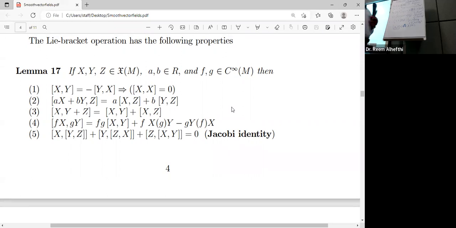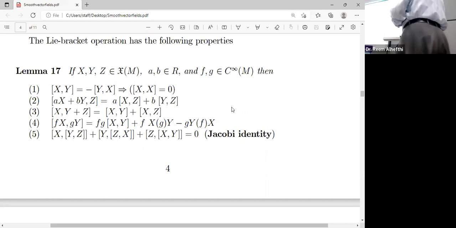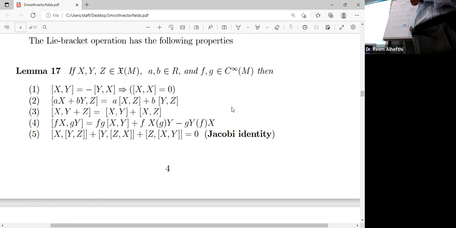So what we have seen is that this X(M) has an additional multiplication of vector fields, that is, a bracket operation, satisfying those properties. This makes the set of vector fields a Lie algebra.